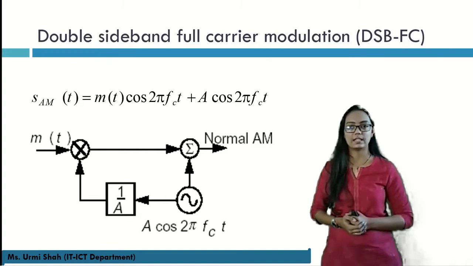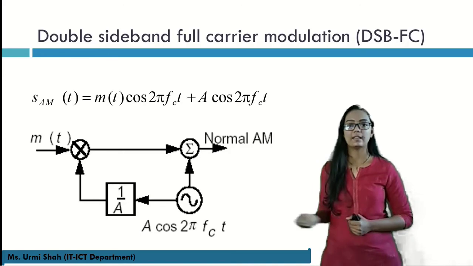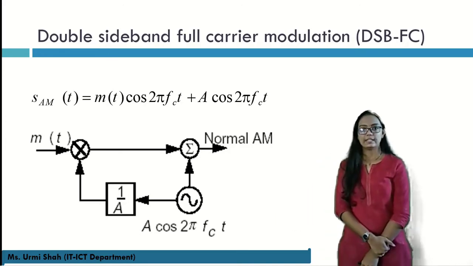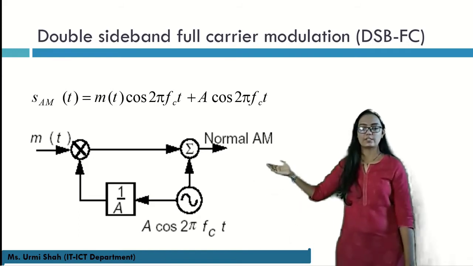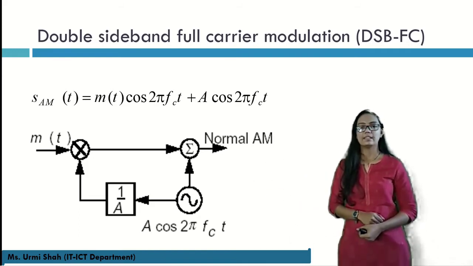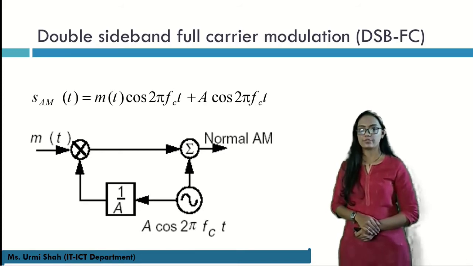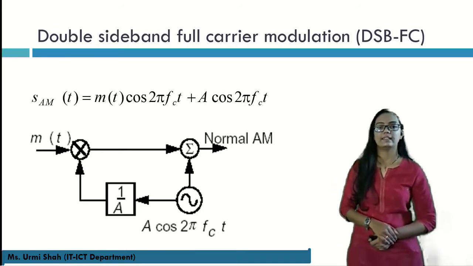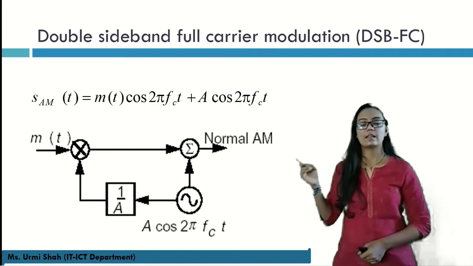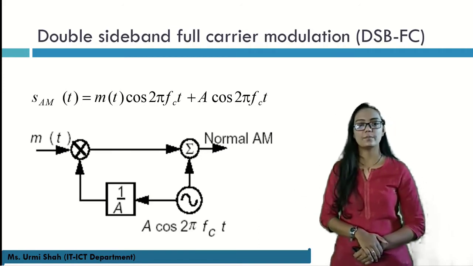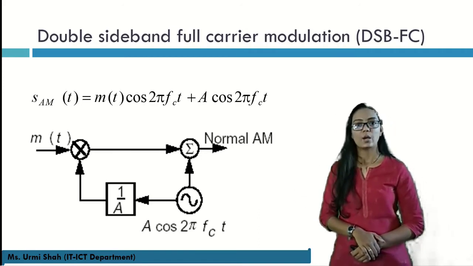So the modulated signal is formed by multiplying the message signal, m of t, with the carrier signal, and then it is transmitted from the transmitter end to the receiver end. So this is the DSB-FC modulation scheme.